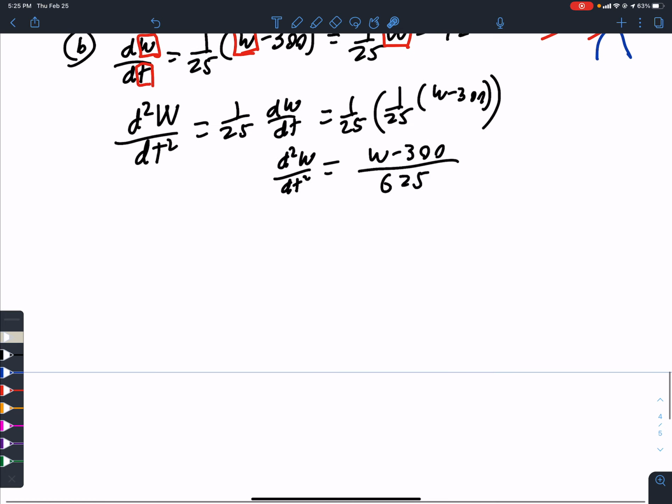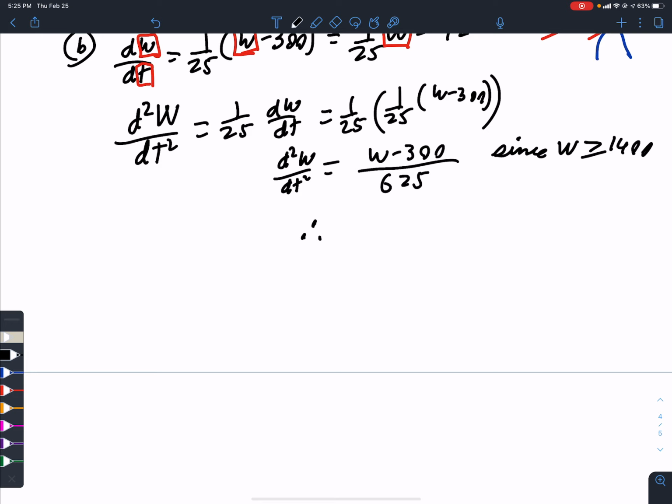So I would say, since W is greater than or equal to 1,400, therefore the second derivative is greater than 0. It's going to be positive. So if it's concave up, our tangent line is going to be an under approximation.